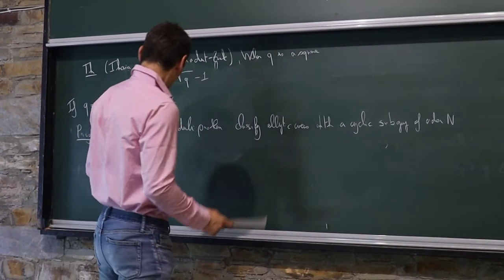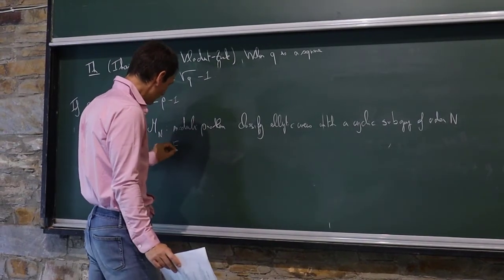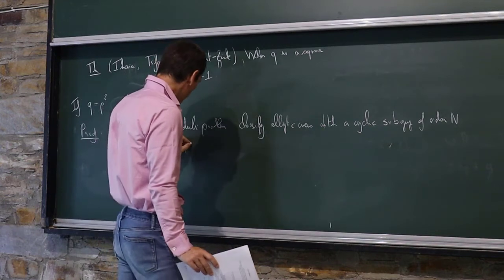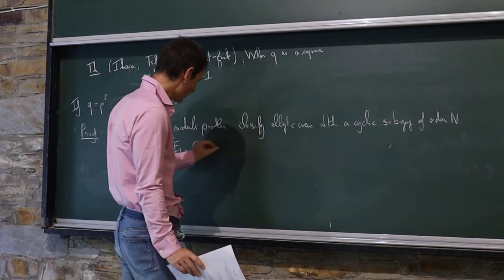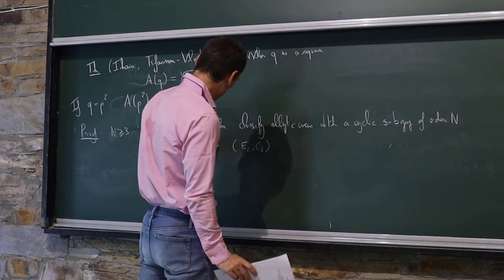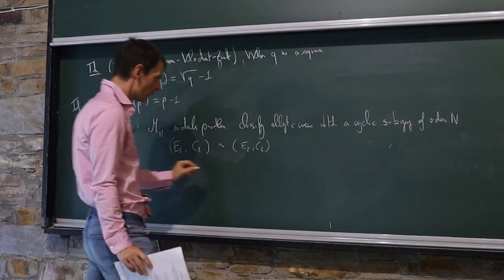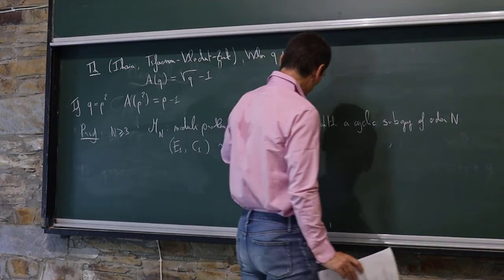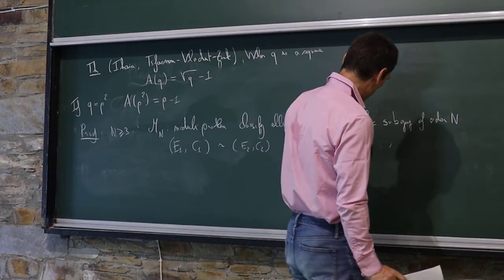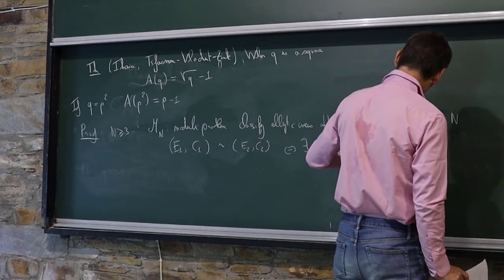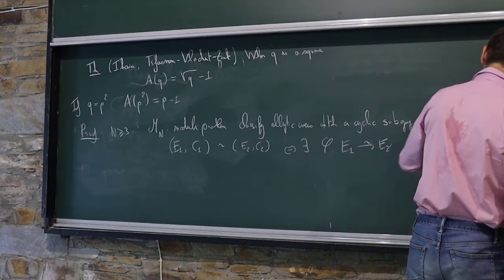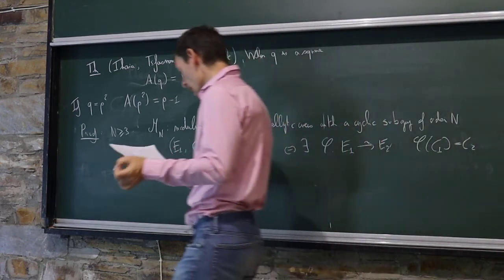Meaning that two elliptic curves, let's say over a field, with cyclic groups C1 and C2, are going to be considered as equivalent if and only if there exists an isomorphism phi from E1 to E2 such that phi of C1 is C2.